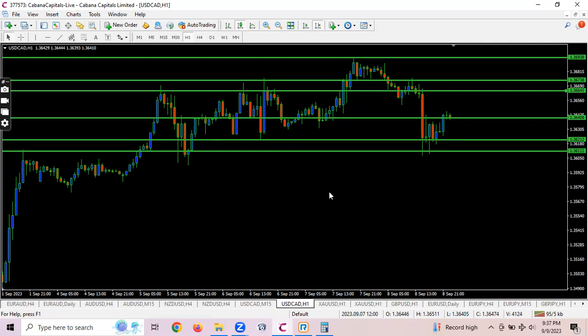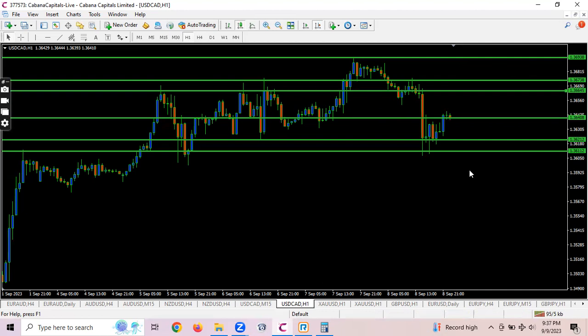But if you have a bearish setup on Australian dollar USD and you have a bullish setup on USD CAD, there's a high probability that buying USD CAD would play out, would go in your direction, okay? And selling Australian dollar USD is going to work out. There's a high probability because they are negatively correlated. I hope that is clear.